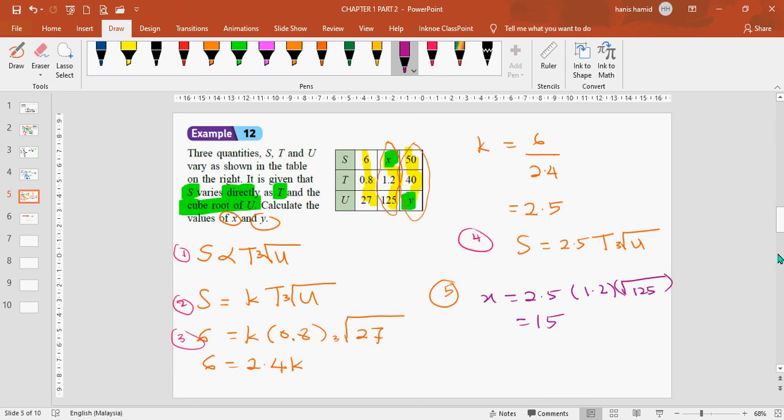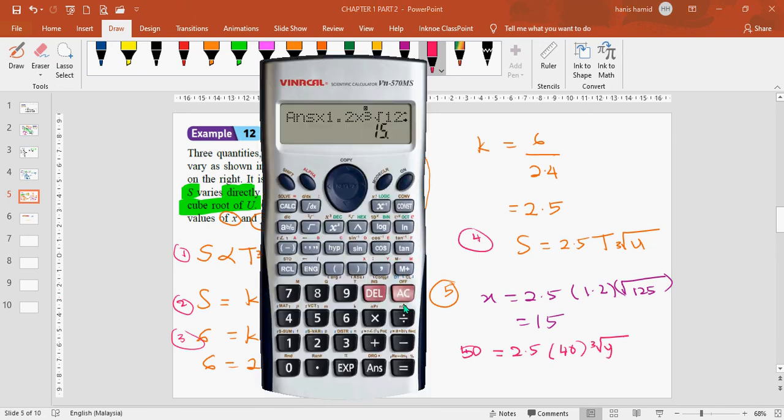And to find Y, I redo the previous step, like finding X. I substitute the values. S is 50 equals to K is 2.5, T is 40, U we don't know, it is Y. So 2.5 times 40 is equals to 100.